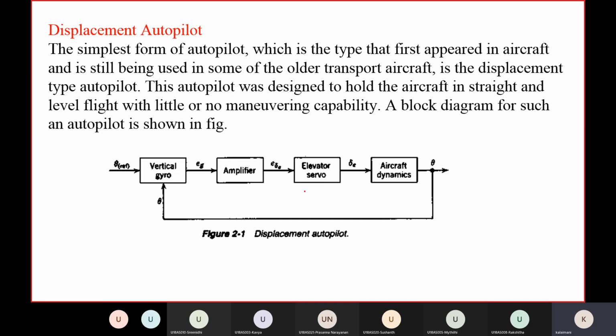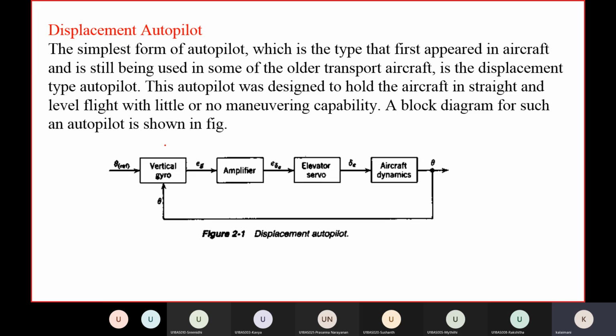So you see that these are the basic components of your displacement autopilot. This is the aircraft dynamics, the longitudinal aircraft dynamics. Here our focus is only on pitch control, then the elevator servo, then the amplifier, then the vertical gyro.